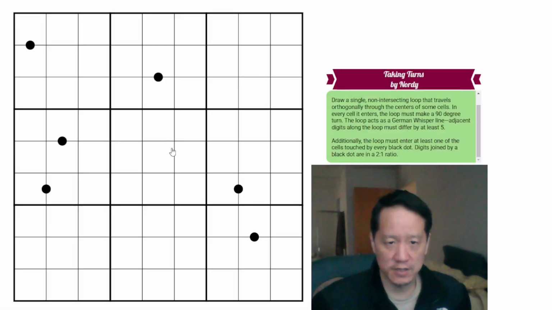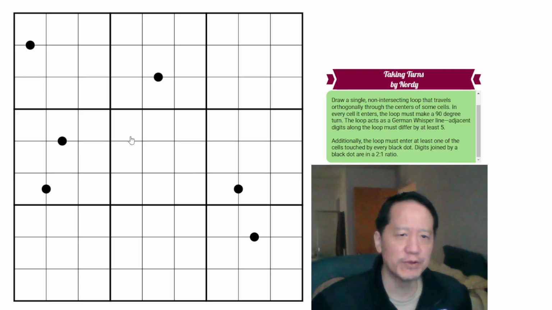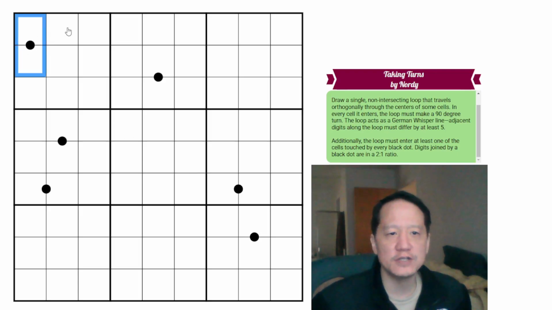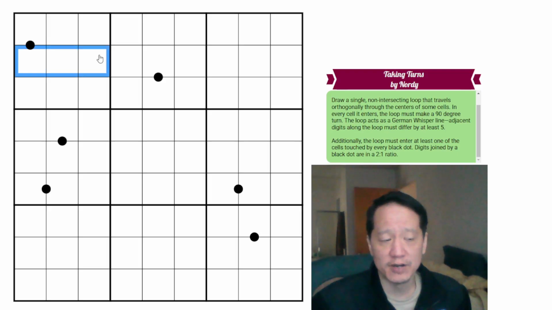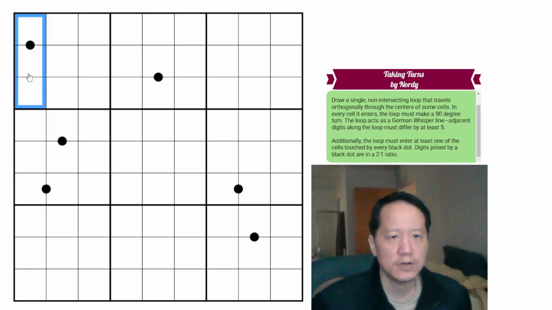Let's go. Okay, so one thing we know: it has to enter one of these two cells at least. If it enters this one, it will always enter this one. Otherwise, it'll just enter this one. So no matter what, it always has to enter in here.